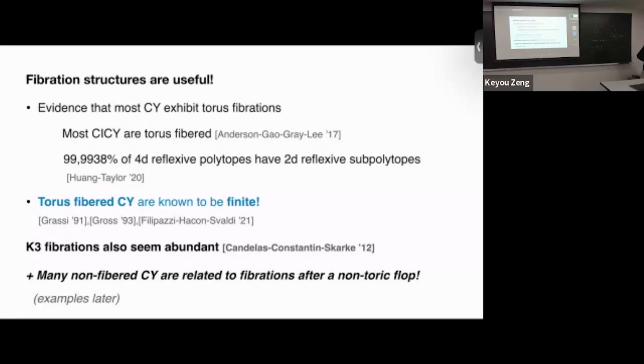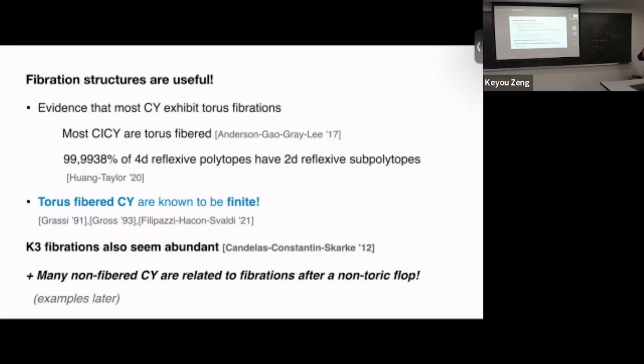In the case of hypersurfaces, in the toric varieties corresponding to 4-dimensional reflexive polytopes, 99.38% (that's a point, not a comma, but that's because my collaborators are both European) of the 4-dimensional reflexive polytopes actually have 2-dimensional reflexive subpolytopes. Okay, and our own Boston-based Washington Taylor actually spoke in a colloquium, I think, here at CMSA on this result.